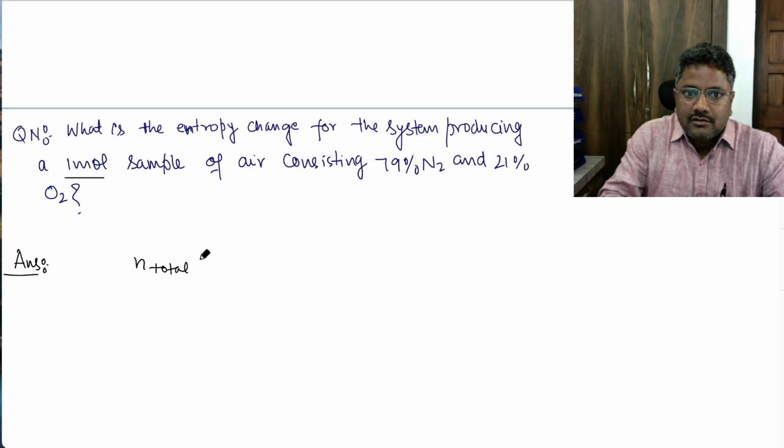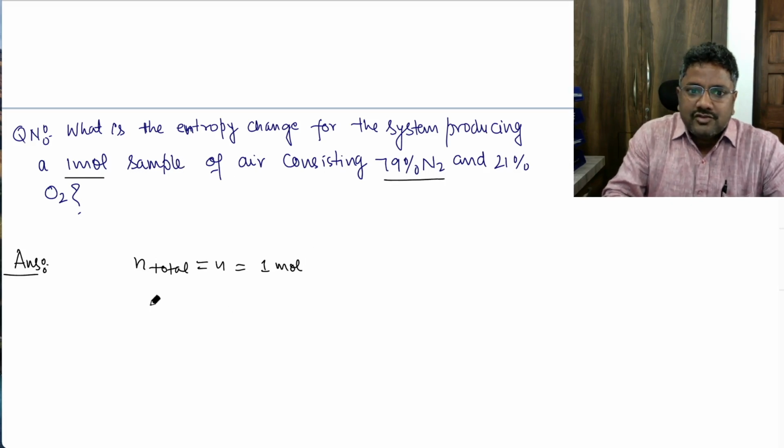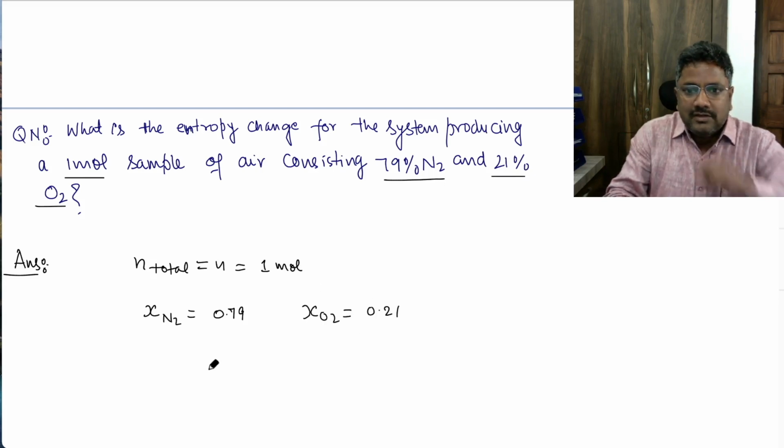N total is equal to N is equal to 1 mole, it is given, of air consisting 79% of nitrogen. So this volume fraction you can take as the mole fraction. So mole fraction of nitrogen is equal to 0.79, and 21% of oxygen means mole fraction of oxygen is equal to 0.21.